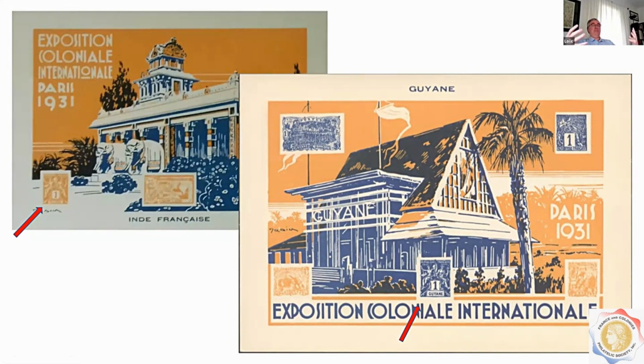It's quite impacting visually, and I also like the font that was used for the labeling. So pretty nice series of postcards.